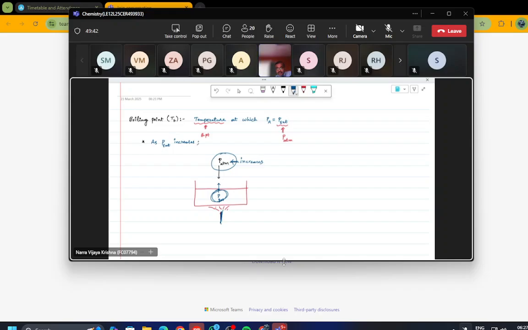Means the boiling point of the liquid increases. Correct, sir? Any questions in it? Yes or no? Now, one more thing.